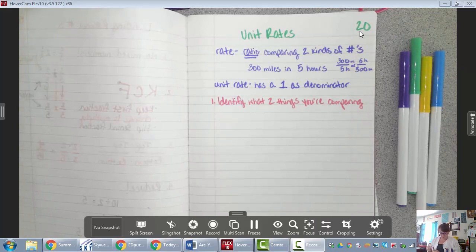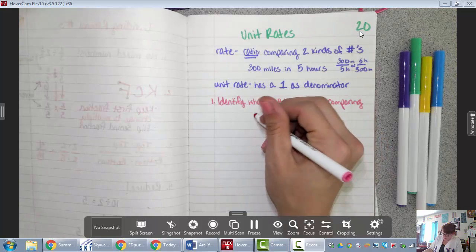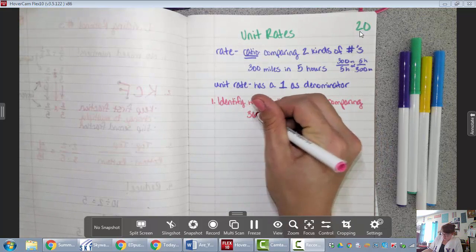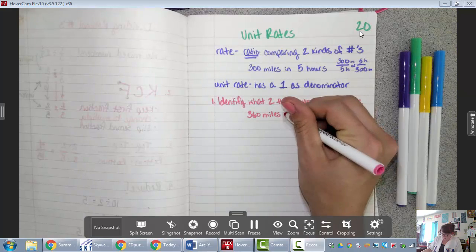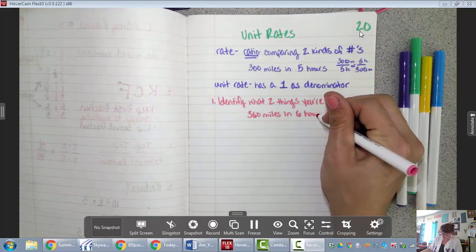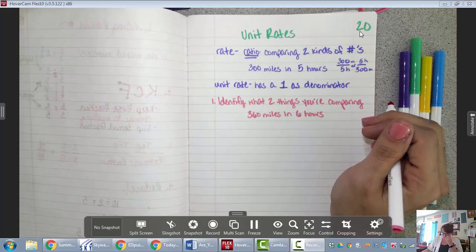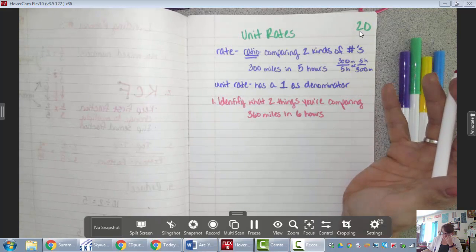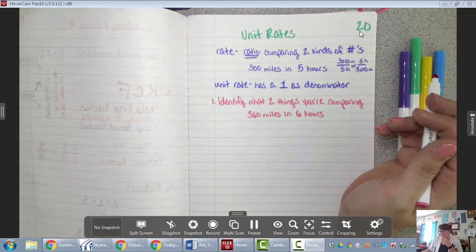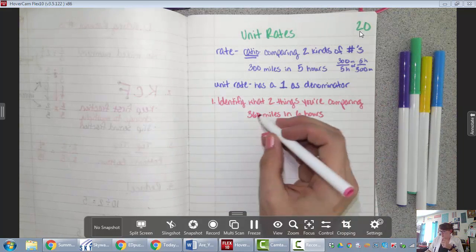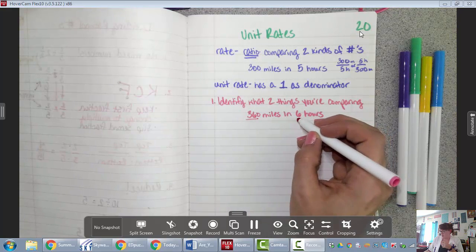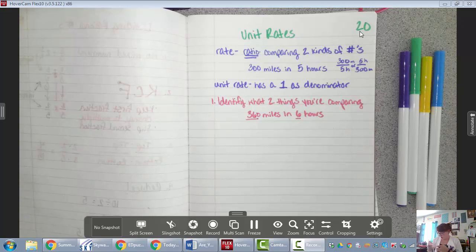So if I had like, let's pick one off the homework, but not for everybody. 360 miles in 6 hours. What two things are you comparing? What two values? So it's 360 miles in 6 hours. Those are the two things.